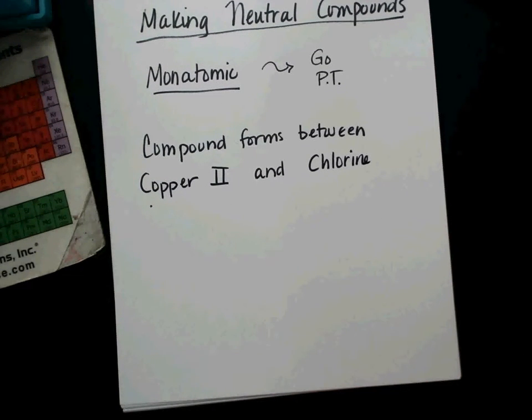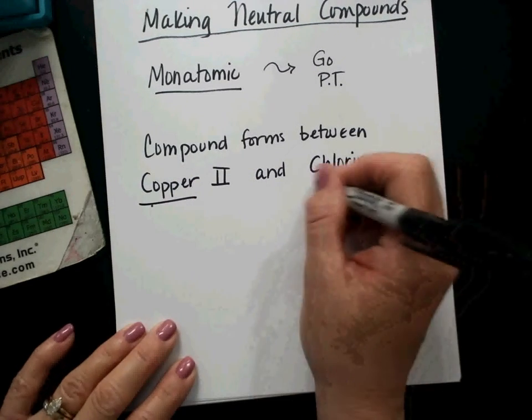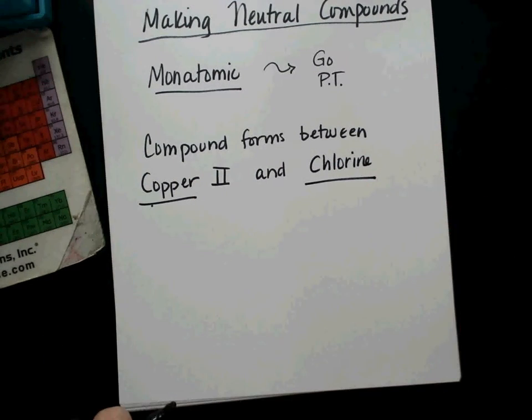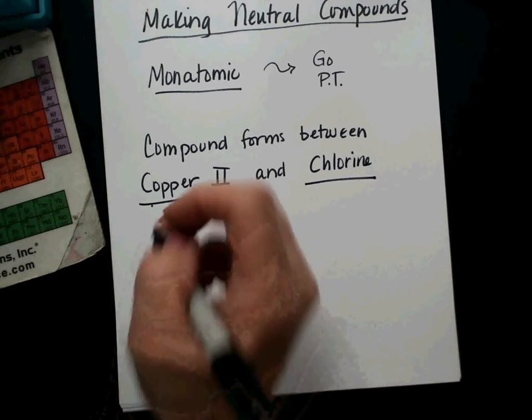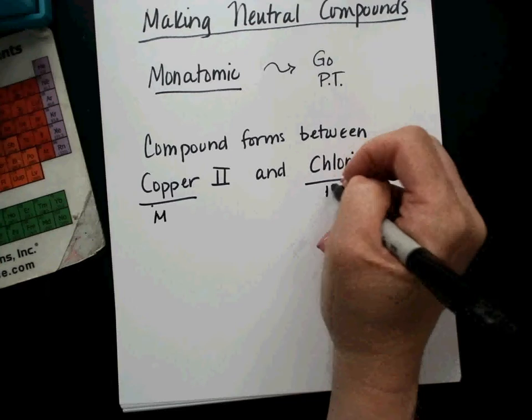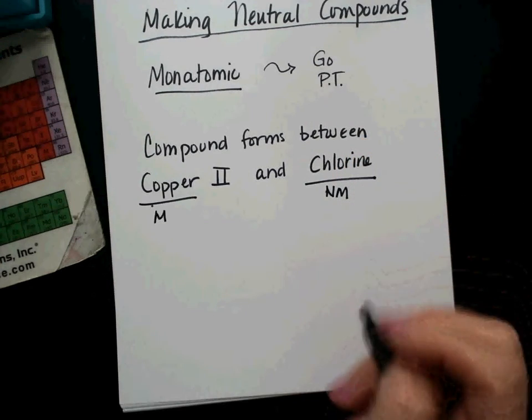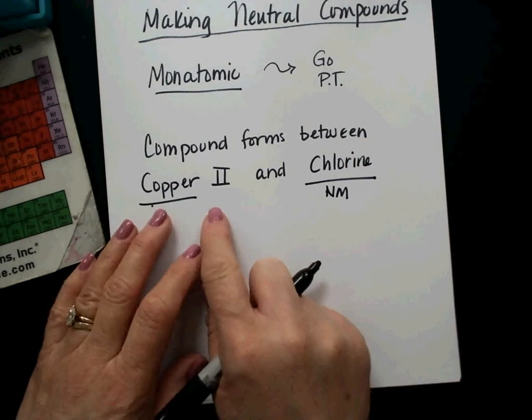Now, the first thing I want you to do is go to your periodic table and figure out which one, and you might not even have to go to your periodic table at this point, which one's a metal, which one's a non-metal. Copper. Okay, so here's my metal, here's my non-metal.